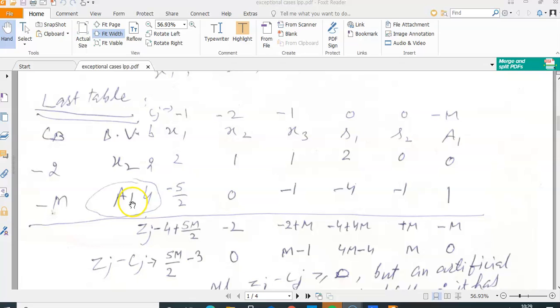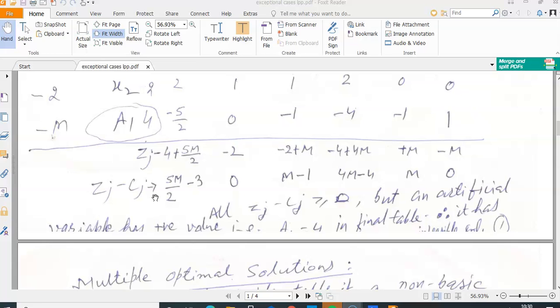We can observe that the artificial variable a1 is present in the final, optimal table with a positive value 4. It simply indicates that this problem has no feasible solution. We can see that all zj minus cj are greater than equal to 0, but an artificial variable has a positive value, that is a1 equals 4 in the final table.